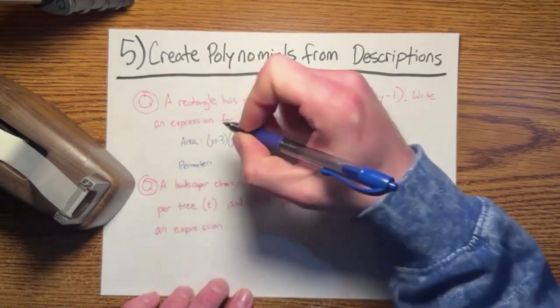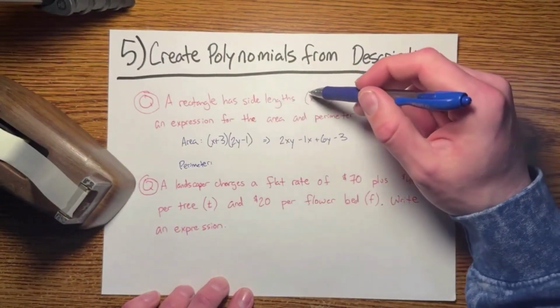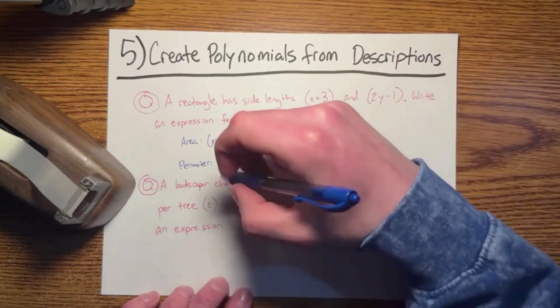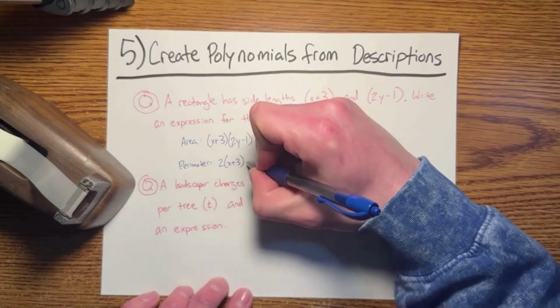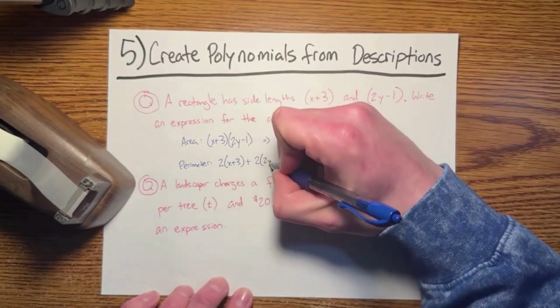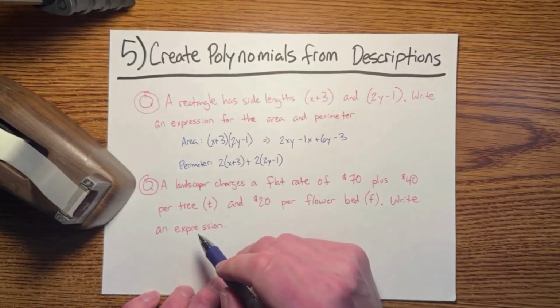Perimeter, on the other hand, is adding up all the side lengths. It's a rectangle, so there are two sides represented by x plus 3 and two sides represented by 2y minus 1. So we'll do 2 times x plus 3 plus 2 times 2y minus 1, and we could multiply these through and get the final answer.